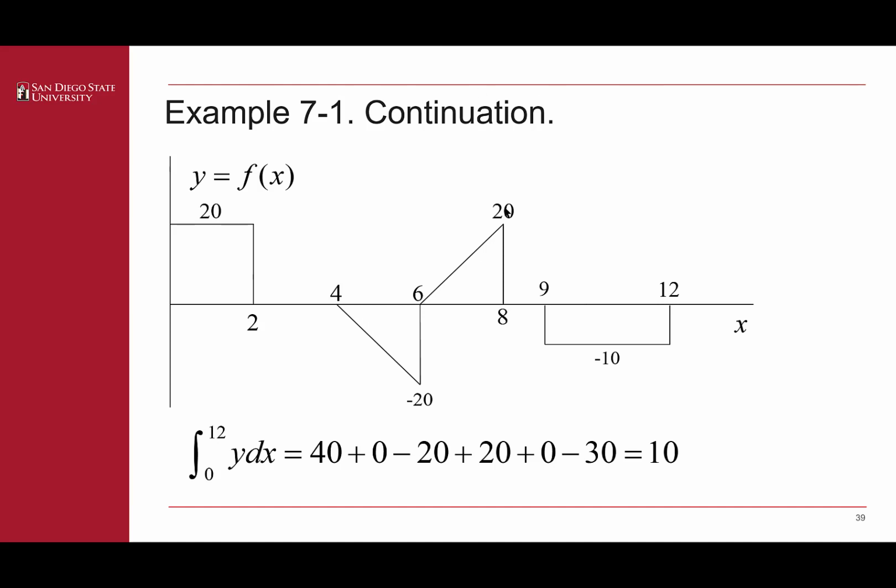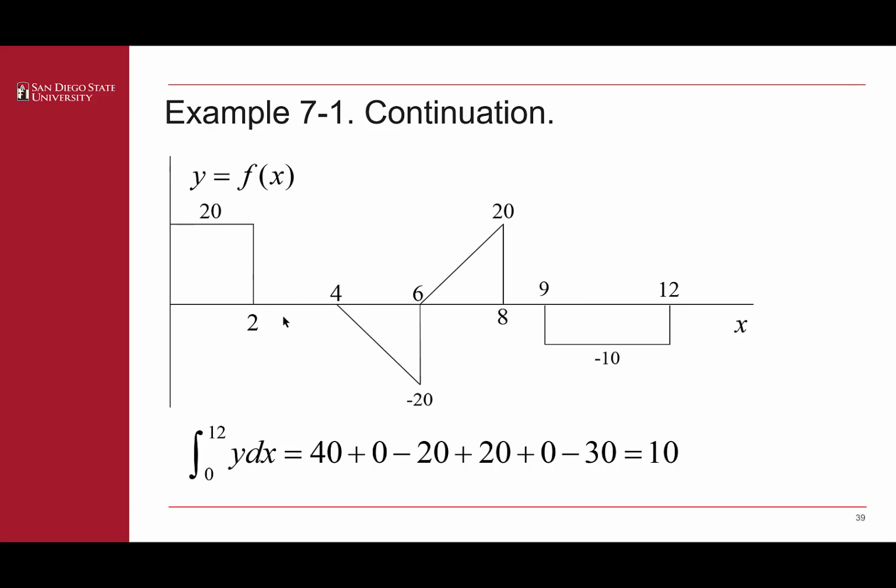We already said that integrals are all about the areas behind the function graphs like curves or straight lines. So what we should do here is to calculate the area under the lines. So for the first line segment from 0 to 2, the area of that rectangle would be 2 times 20, which is 40.